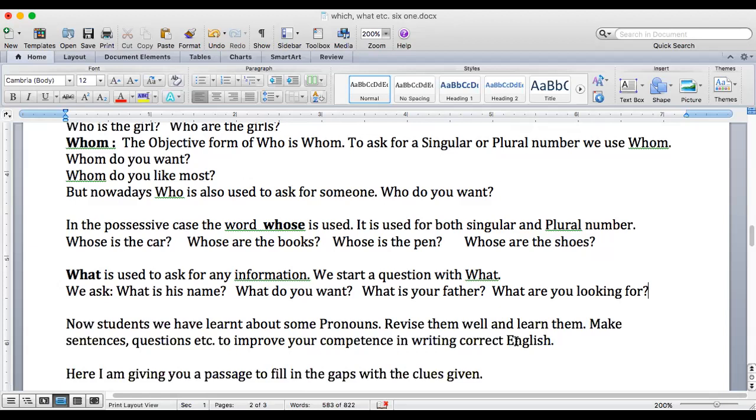So learn them well. And I hope you can use this knowledge to fill in the blanks of passages with the given clues. The clues are in the form of different parts of speech. There is a conjunction, there are verbs, there are nouns, there are different tenses of verbs.